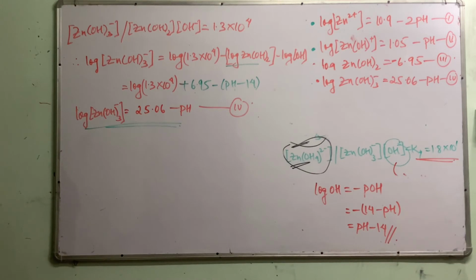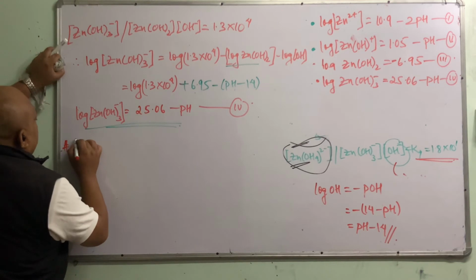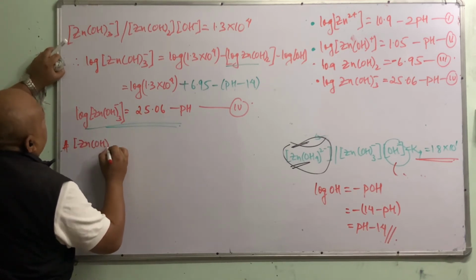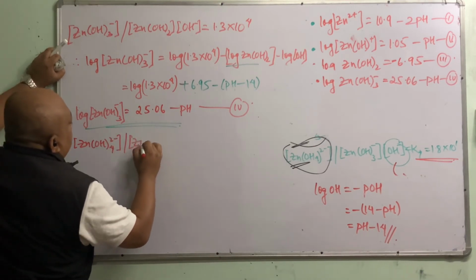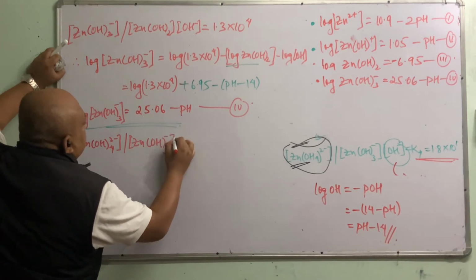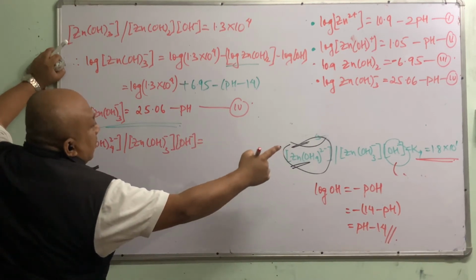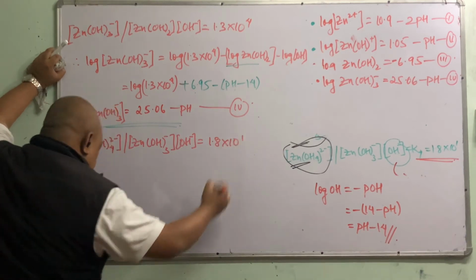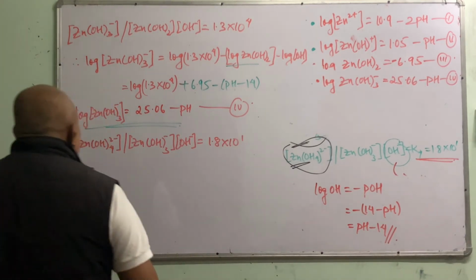Let me do the remaining part. Last part is ZnOH4 2 minus divided by ZnOH3 minus into OH is equal to 1.8 into 10 to the power 1. Let me check the value. It is 1.8 into 10 to the 1. Fine.